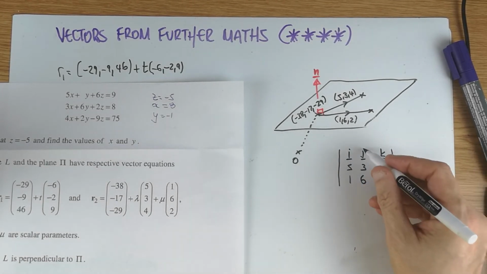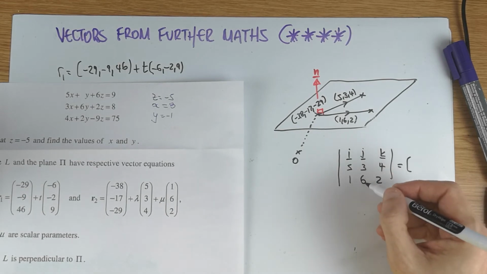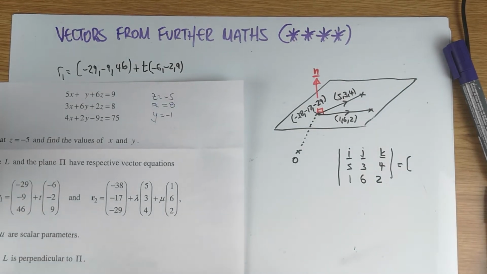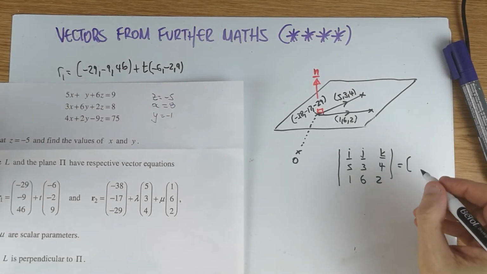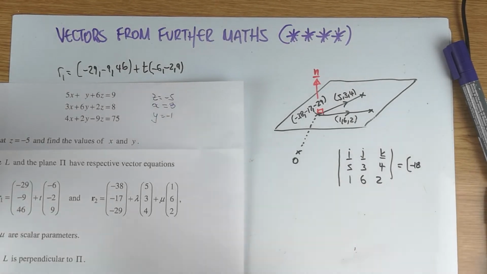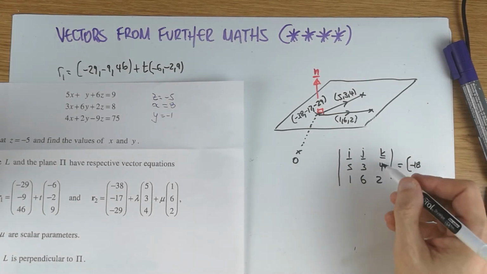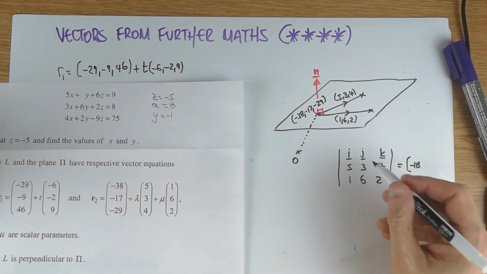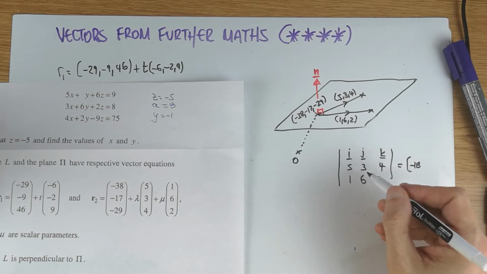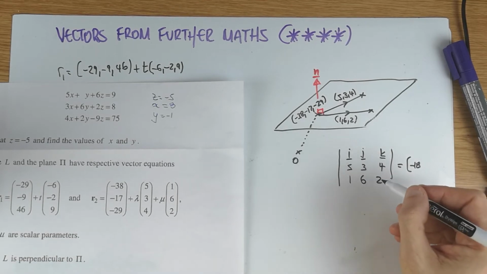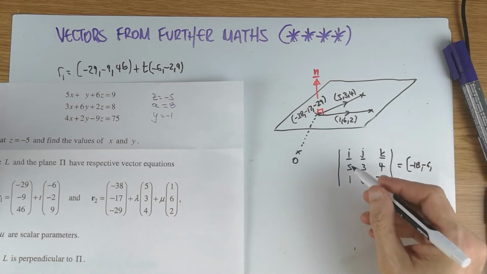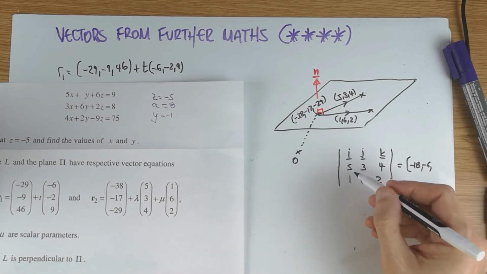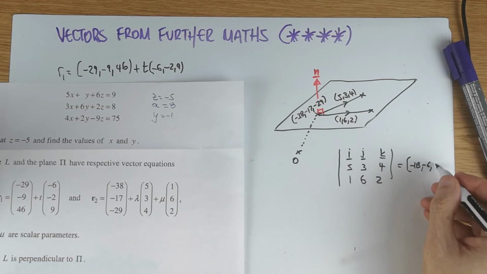The i component is 6, take away 24. So that's going to be a -18. And then this j I'm going to do backwards because it's going to be a -1. So it's going to be a 4, take away 10, which is a -6. And lastly, the k goes the normal way. 30, take away 3, which is, of course, a +27.